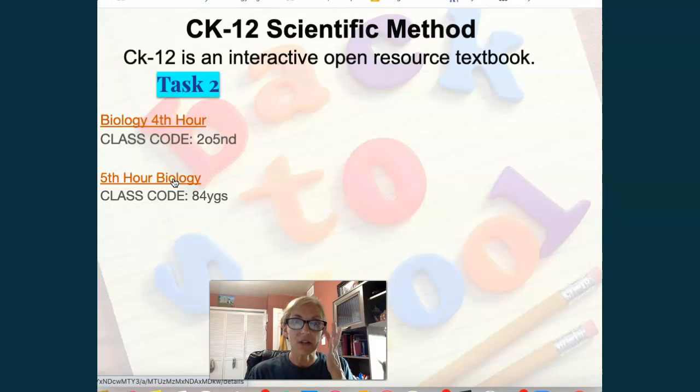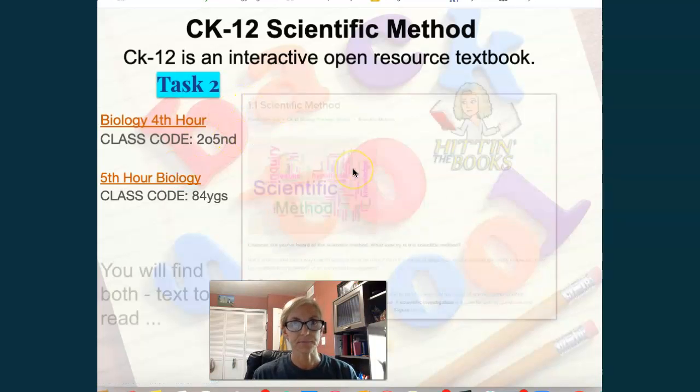CK12 has a login, and I'm not sure if I need to use that. I've assigned the assignment through the Google Classroom, and it's my first time doing it, so I think it'll launch straight through the Google Classroom. But if you happen to need a class code, here it is.